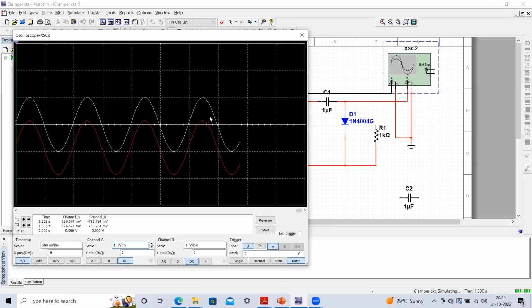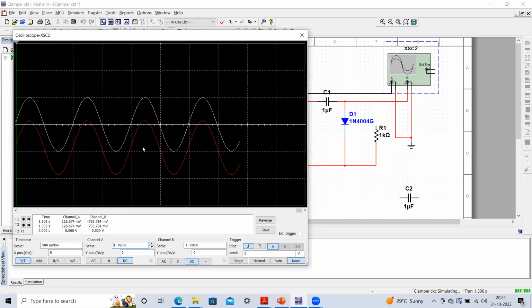That much voltage is going to appear across this particular diode. That value you can see here, because it is a practical diode. If it is not a practical diode, then obviously the peak value will be near about 0 volt. So this type of waveform we are going to get.